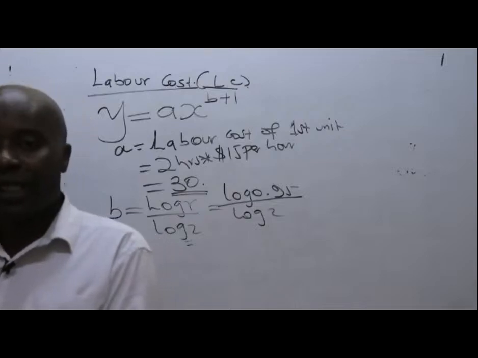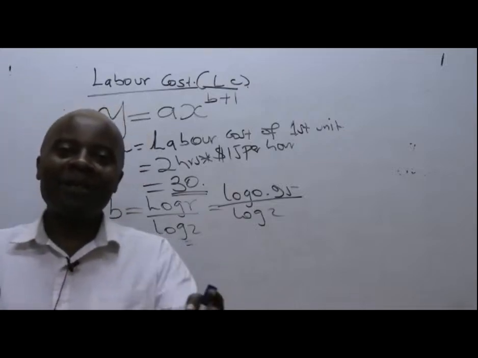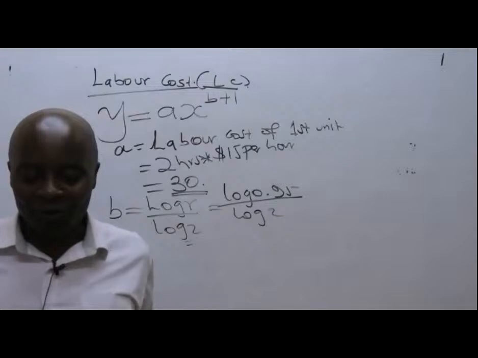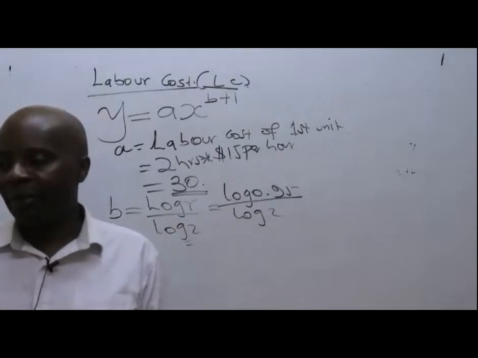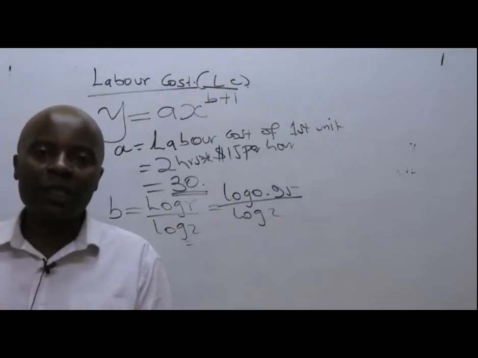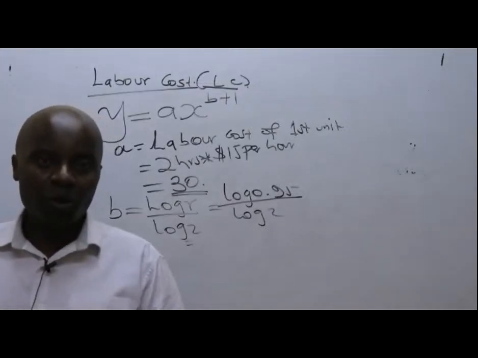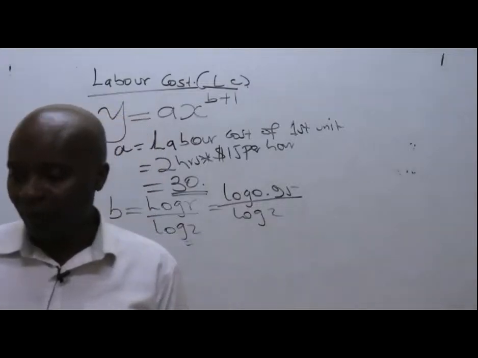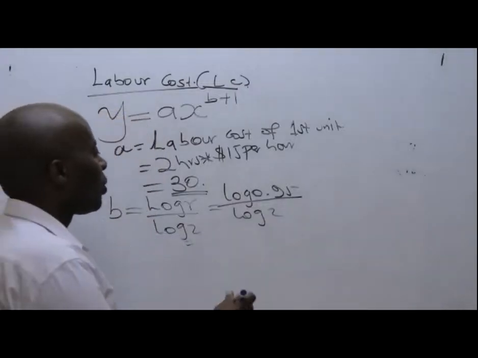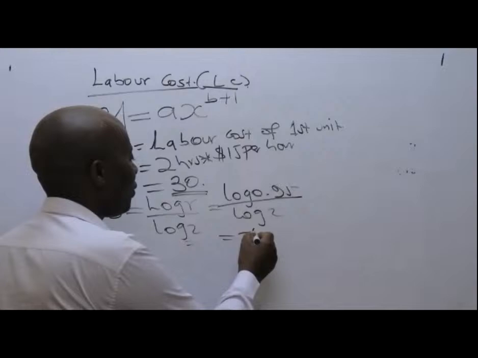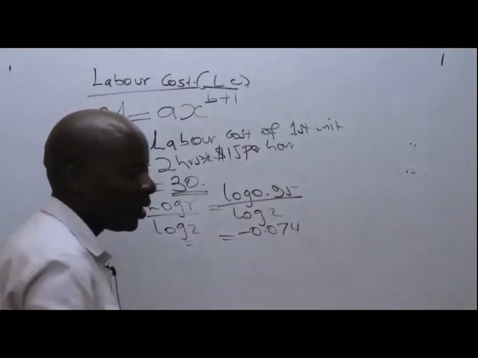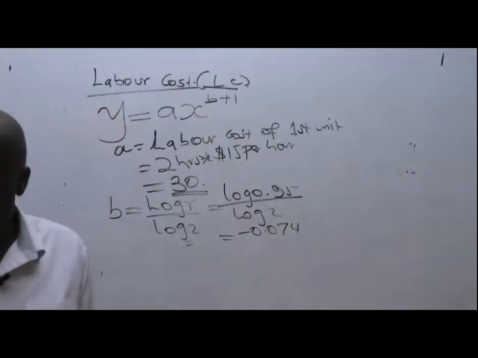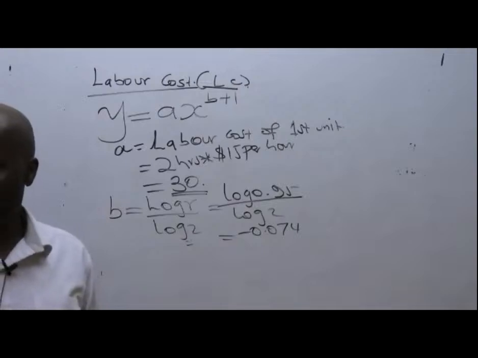Of course, for ACCA they have given us that answer, but CPA can't give you values. You have to get the b yourself. So you go to your calculator, as I told you, be engaged. You talk of log 0.95 divided by log 2. Teresa George is giving me a figure of negative 0.074. Is there anyone else who is able to see that figure? Yes, Lucy Naisenya has given me that figure.